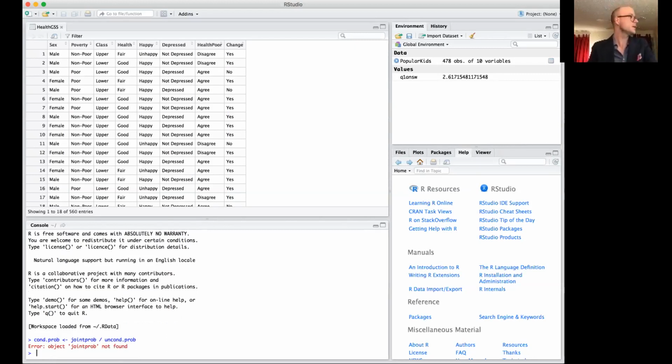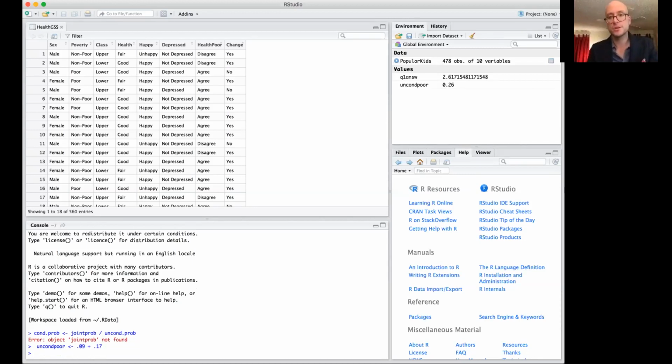So for example, if you want to know the probability of being depressed, given that you're living in poverty, you would just add up the probability of being depressed and poor. So this is poor. You're going to assign it as 0.09 plus 0.17. So there you see 0.26. That's the unconditional probability right there. I just added those two cells on the right.